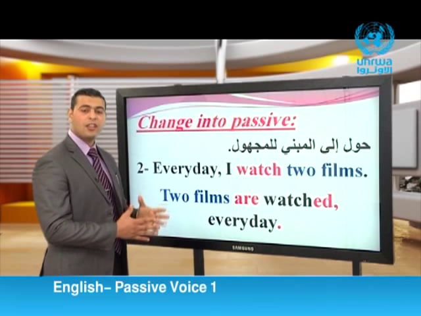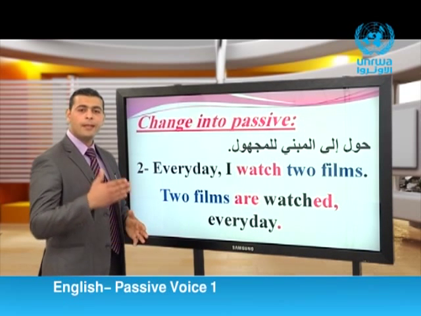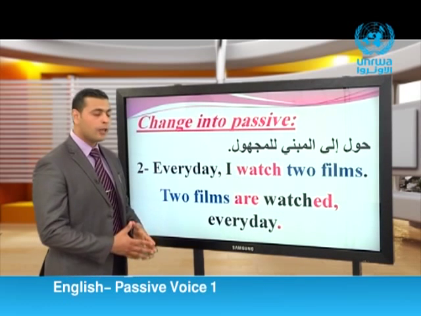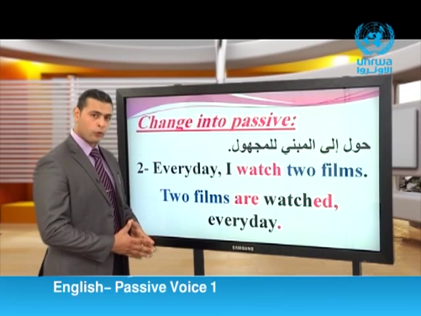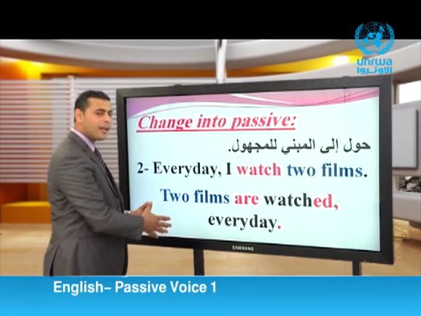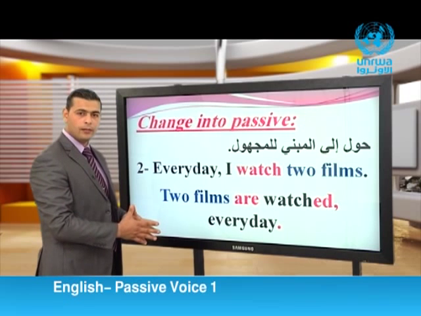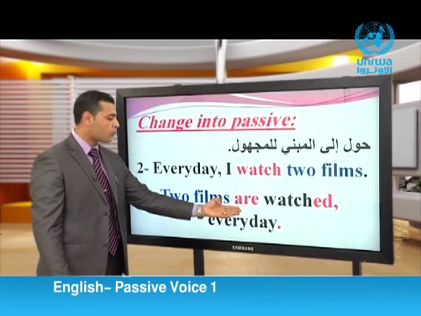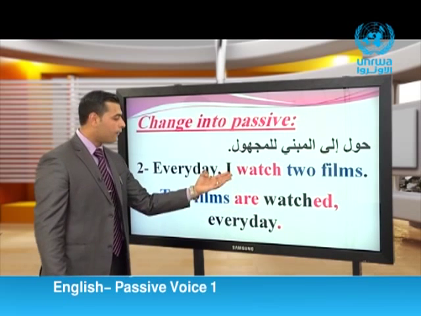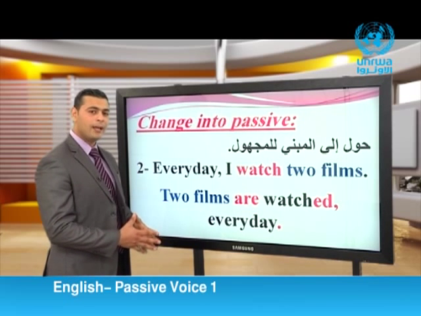How did we change this sentence from active to passive? كيف حولنا هذه الجملة من المبني للمعلوم إلى المبني للمجهول؟ لننظر هنا إلى المفعول به في الجملة الأولى two films. المفعول به في الجملة الأولى أصبح الفاعل في الجملة الثانية two films. الفاعل هنا هو فاعل جمع، لذلك استخدمنا الفعل المساعد are، وبعد الفعل المساعد استخدمنا الفعل الأساسي في التصريف الثالث، وفي النهاية وضعنا كلمة everyday ككلمة دالة.